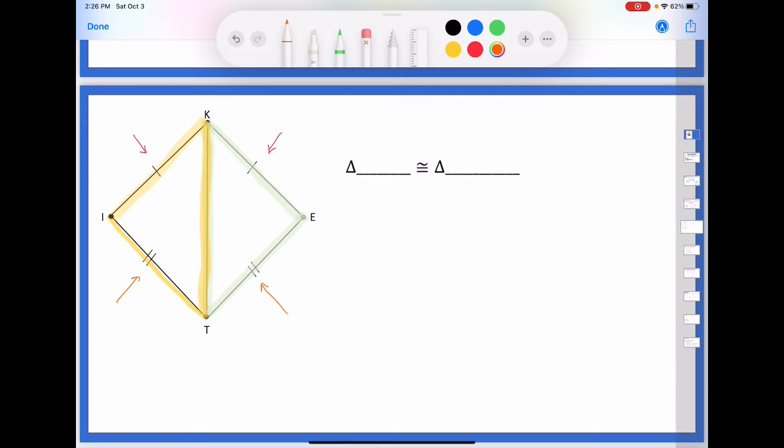Well, they both share KT, right? So if I have KT in my yellow triangle and I have KT in my green triangle, will they be the same length? Yeah, because we're talking about the same points, K and T, right? We call this the reflexive property. So if we wanted to say that KT is congruent to KT, it's congruent to itself, this is called the reflexive property.